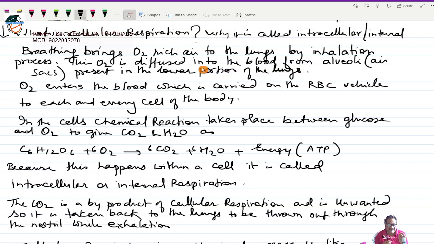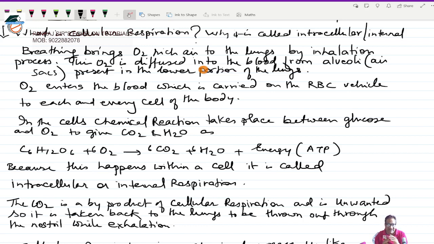Oxygen from the lungs is passed into the alveoli, and from the alveoli carbon dioxide is given back to the lungs to be thrown out. So this exchange of gases happens in the alveoli. The oxygen is transferred by diffusion and carbon dioxide is taken away from the alveoli into the lungs. Now the alveoli give the oxygen to the blood.